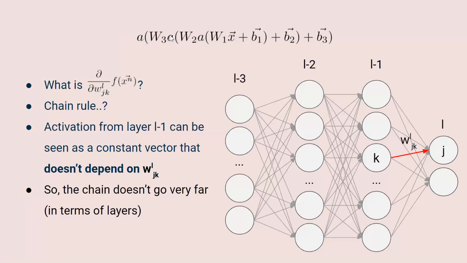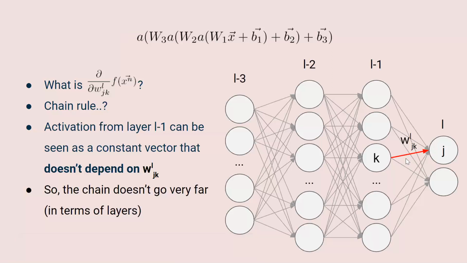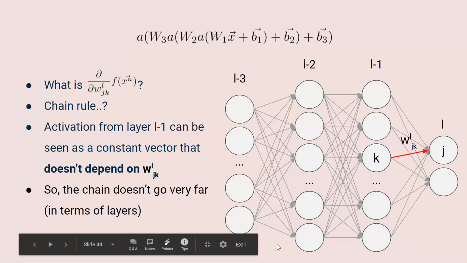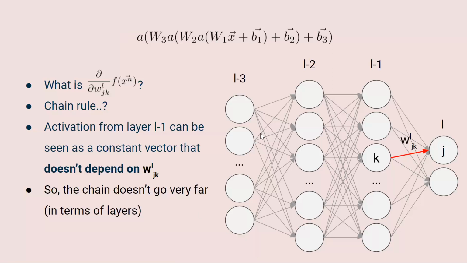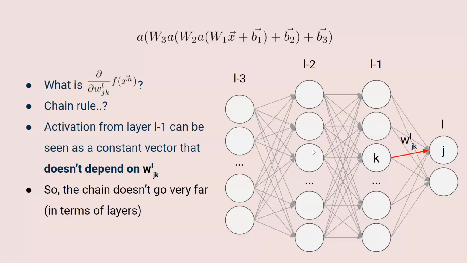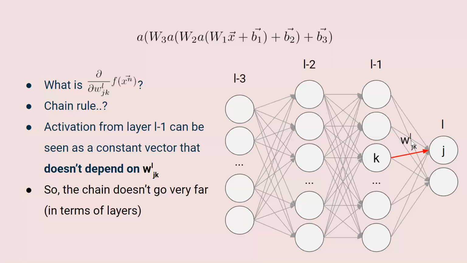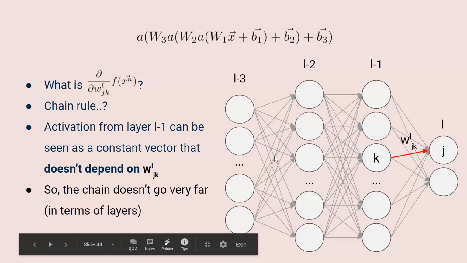But once you get to a certain point, for example this activation, the activation of the previous layer, that activation doesn't depend on the weight we're looking at here, right? And actually, none of the previous layers depend on that weight, because they all come before that computation, right? So w_jk of L doesn't appear anywhere before here.